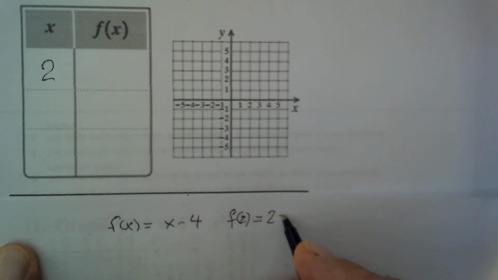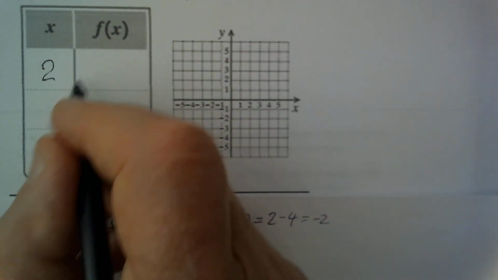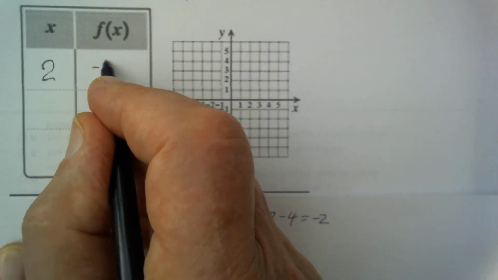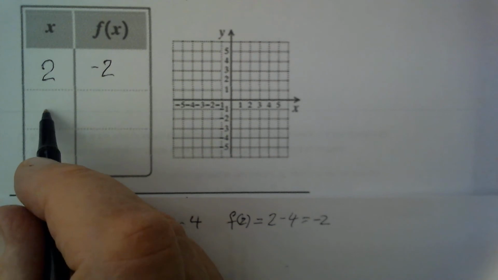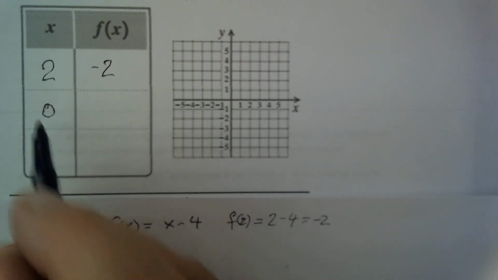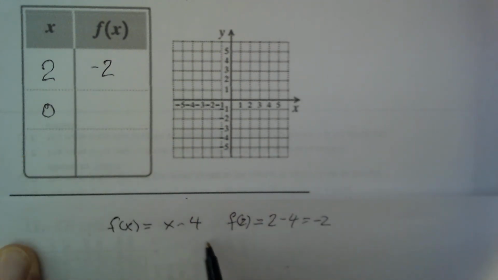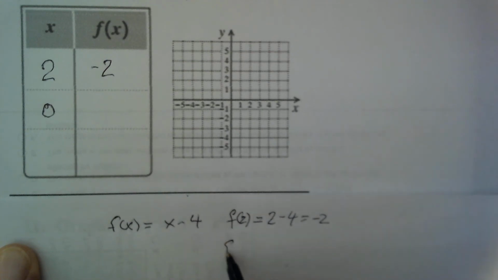So 2 minus 4, and that's equal to negative 2. And when we choose x equals 0, we have f of 0. We replace x with 0, so we have 0 minus 4, and it would be minus 4.